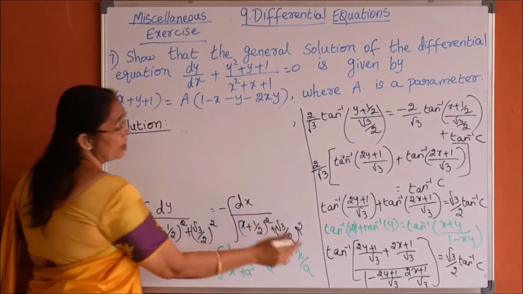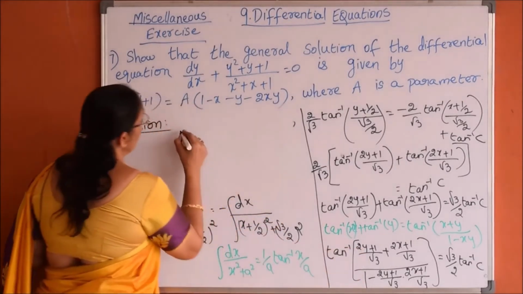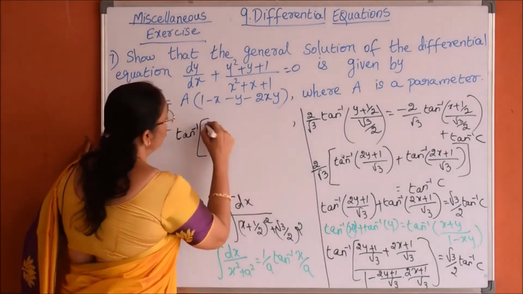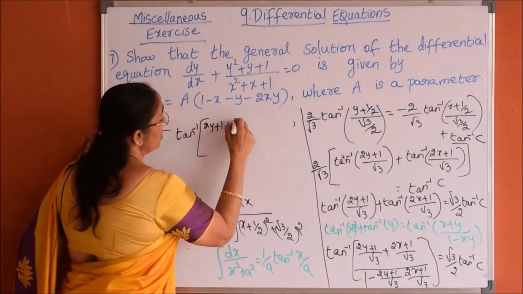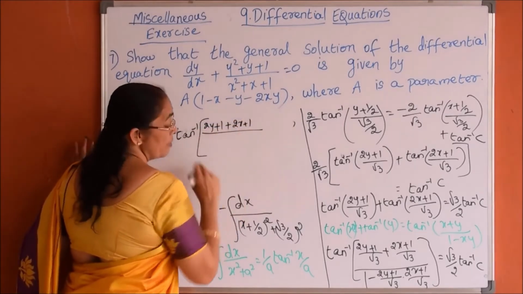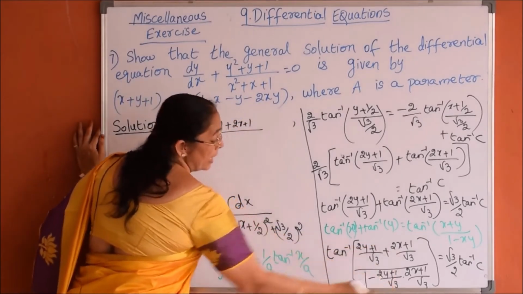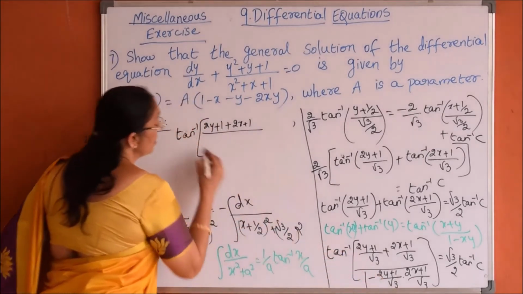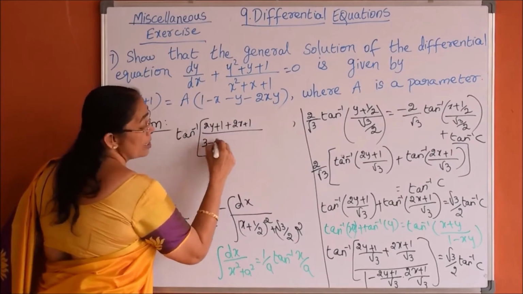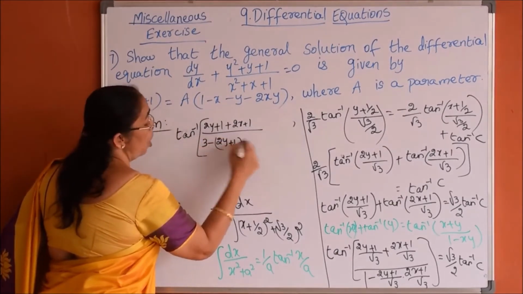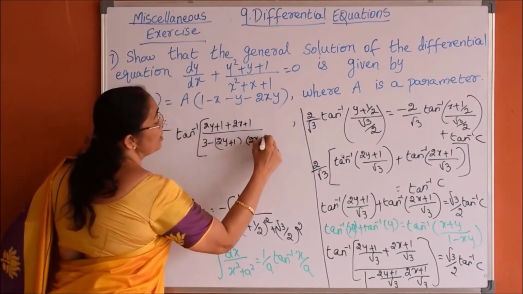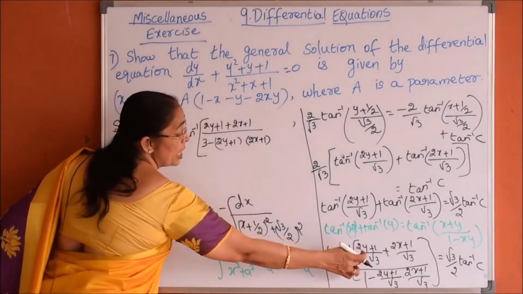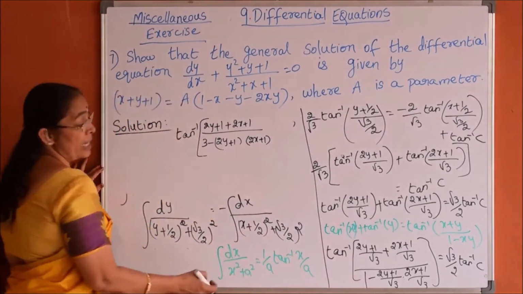It is tan inverse of, on simplification, you will get tan inverse of 2y plus 1 plus 2x plus 1 divided by root 3. The LCM in the denominator is 3, so 3 minus (2y plus 1)(2x plus 1), and divided by 3, the root 3 and 3 will get cancelled as root 3.